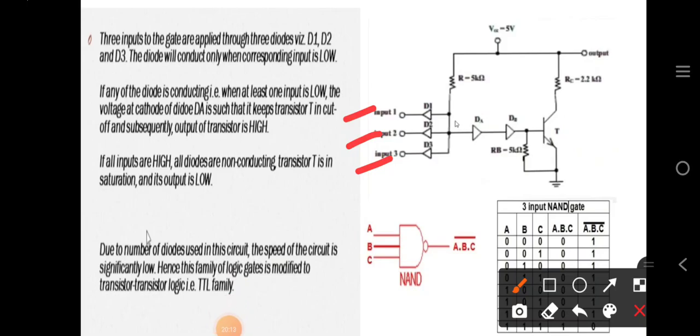If any of the diodes is conducting, that is when at least one input is low, the voltage at the cathode of diode DA is such that it keeps transistor T in cutoff and subsequently the output of the transistor is high.